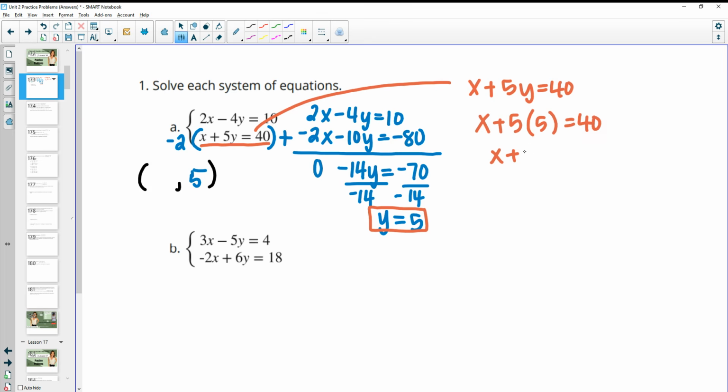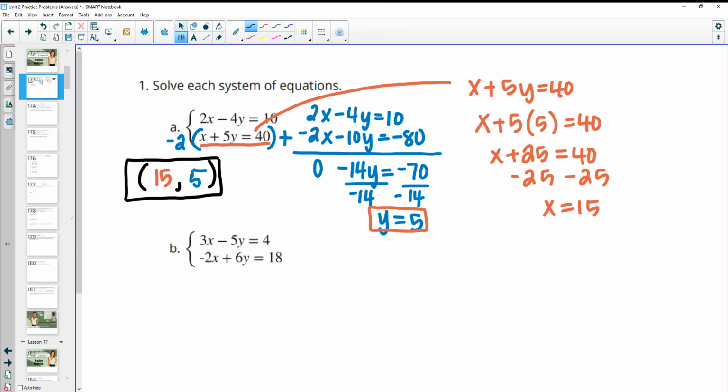So then we get x plus 25 equals 40. Then we can subtract 25 from both sides, and we would get x equals 15. So then our solution would be that x equals 15 and y equals 5.